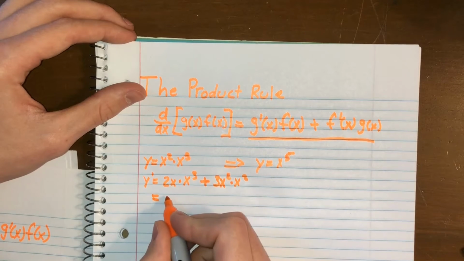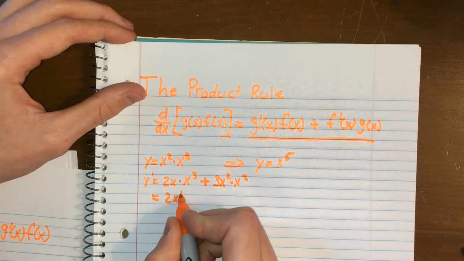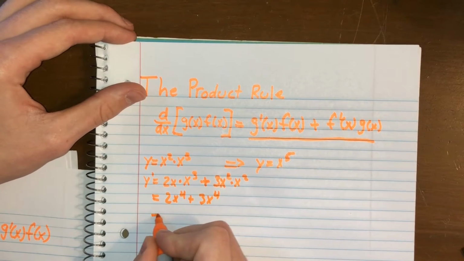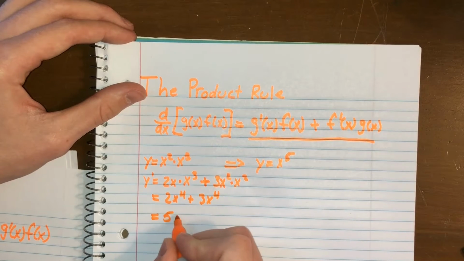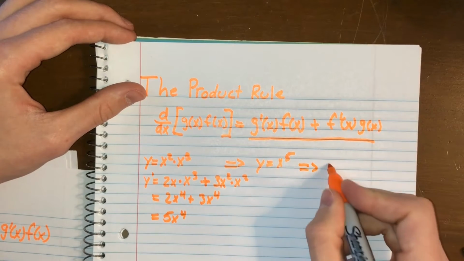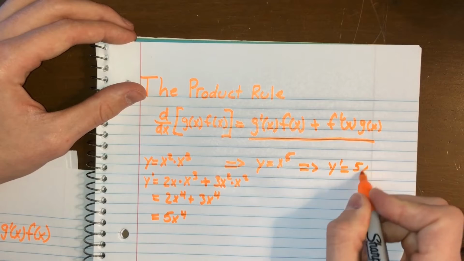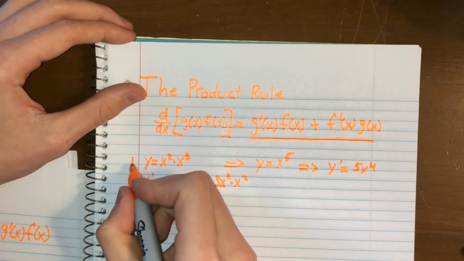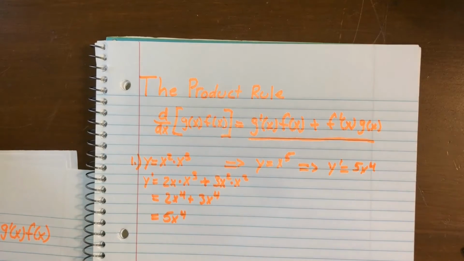Simplifying this all down, you'll get 2x to the fourth plus 3x to the fourth, which we know is 5x to the fourth. Now I'm sure we could have obtained this from here. So you see y prime is 5x to the fourth, just to check our work with the power rule there. So that's a pretty easy one.